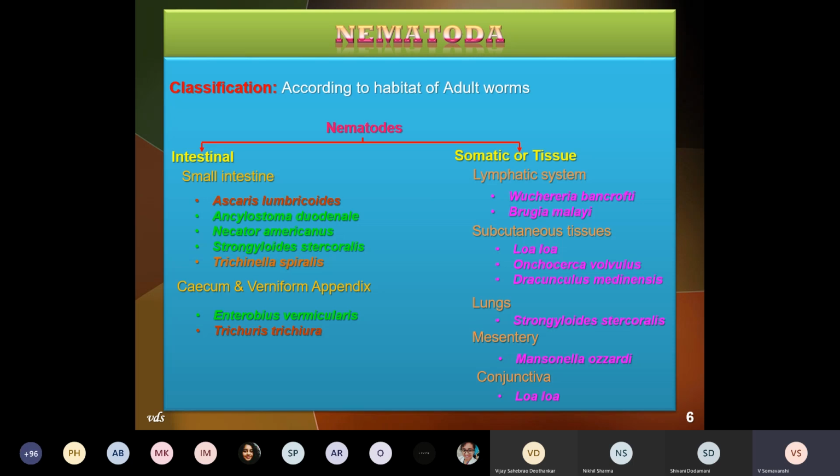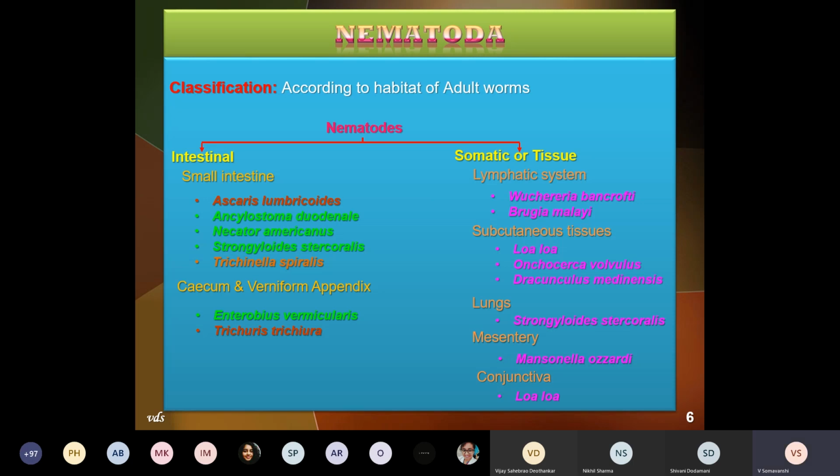Okay. Now, this classification at this stage, I have simplified it for the understanding of our topic on intestinal nematode. Basically, broadly, the nematodes have been classified as intestinal nematodes and somatic or tissue nematodes.